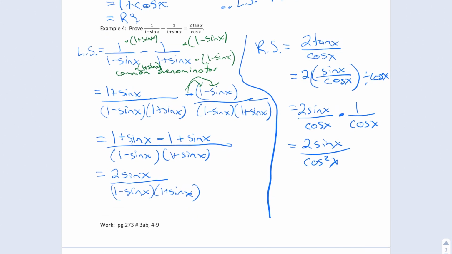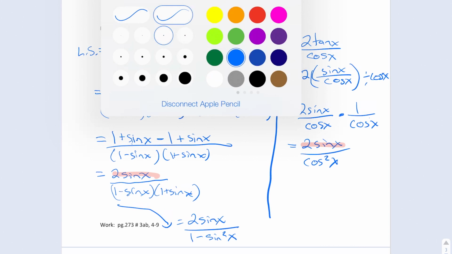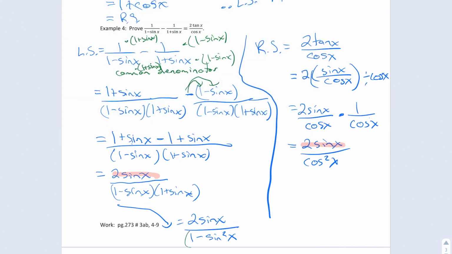Again, I've still got one term on the right, one fraction. Notice my numerator is the same on both sides now, so that's good. What I can do with the denominator is refoil it, because it's a difference of squares. Let me back this up and write it over here. I can rewrite this as 2 sine x, and then I'm going to FOIL the denominator because it's a difference of squares. So I end up with 1 minus sine squared x.